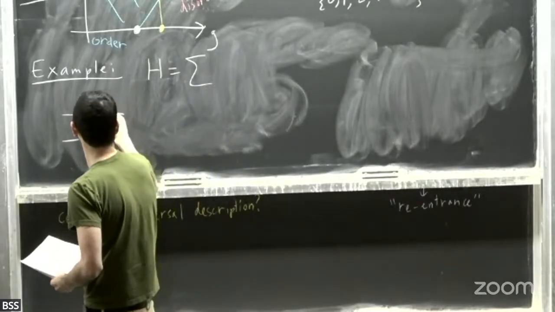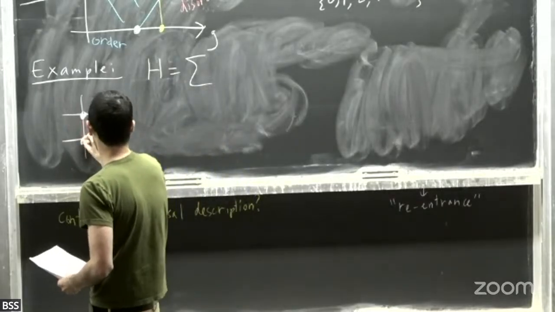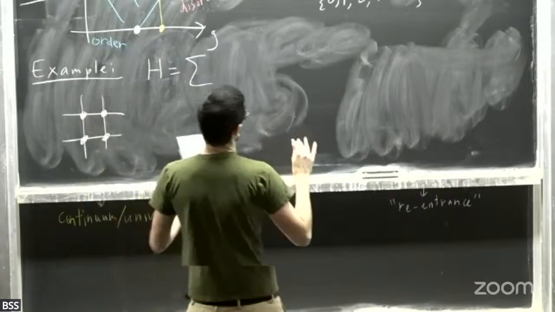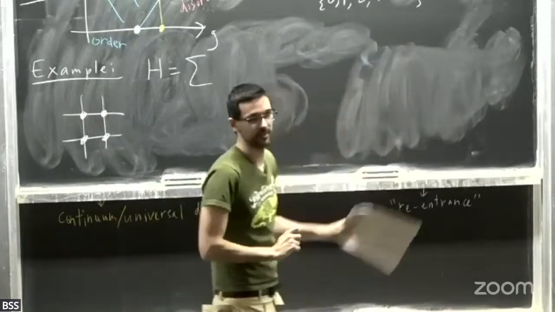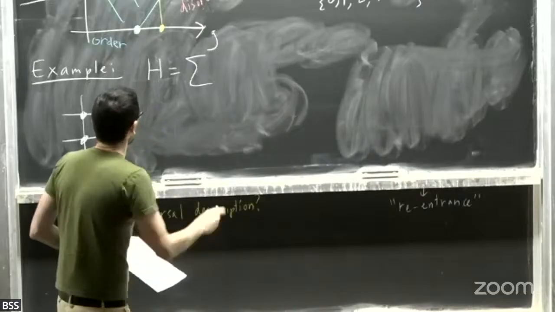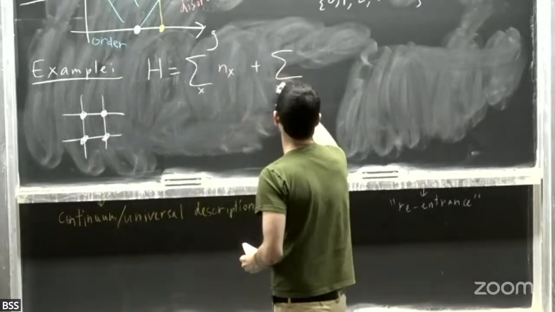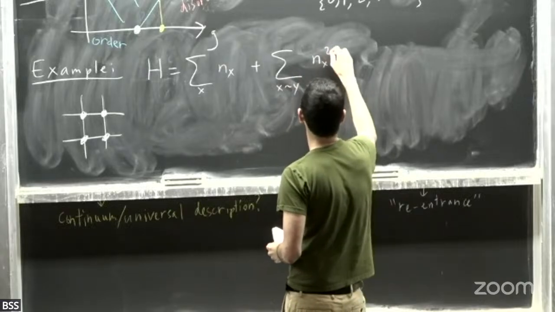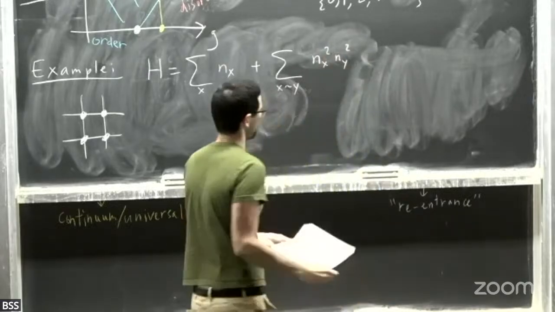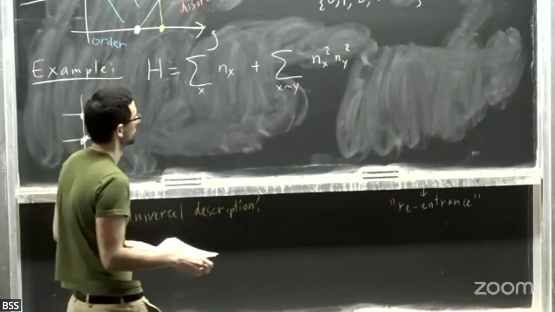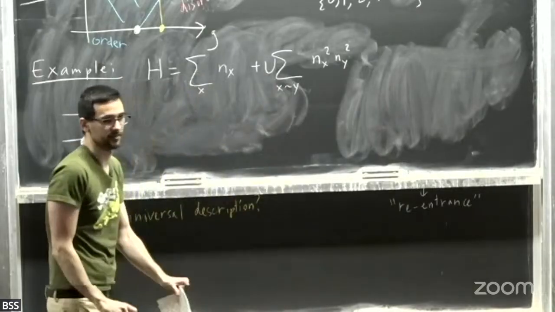I have now, instead of a spin on every site, I have a boson, if you will, just a degree of freedom that takes values in this set. And my Hamiltonian is just going to be the following. Yes, for good measure, I'll put some constant here, U.